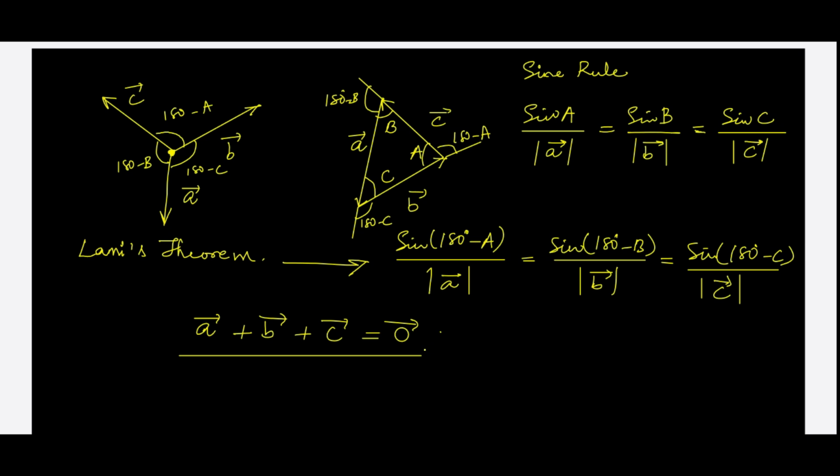Now, as long as we are looking at triangles, with sides A, B and C, this is B, this is C and this is A. We also have the cosine rule.